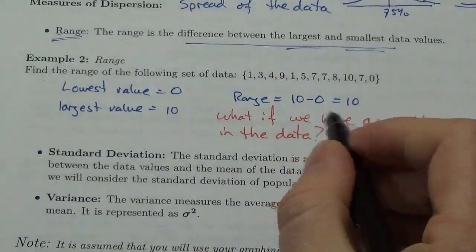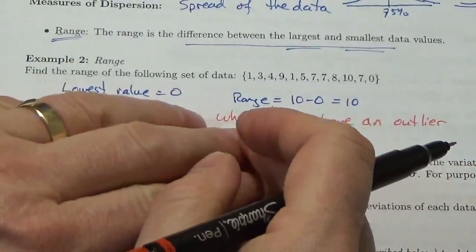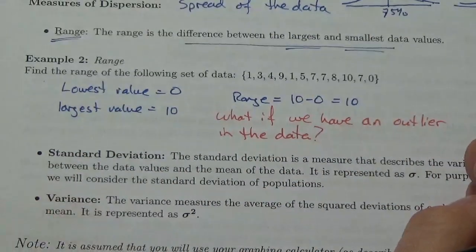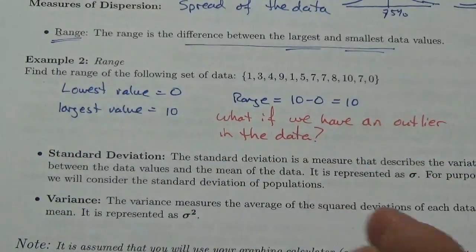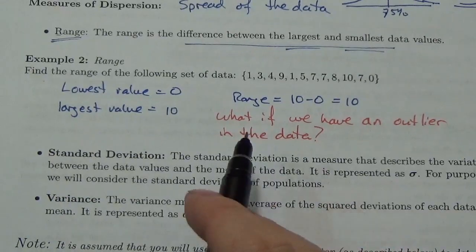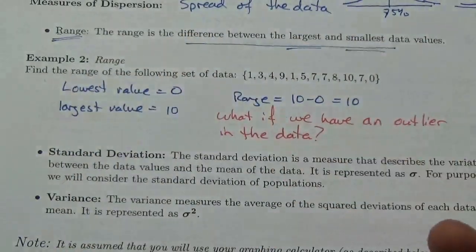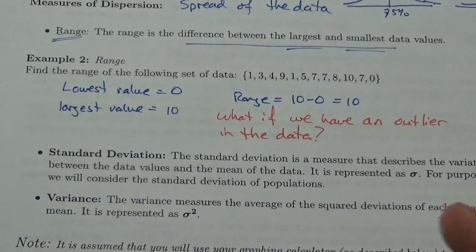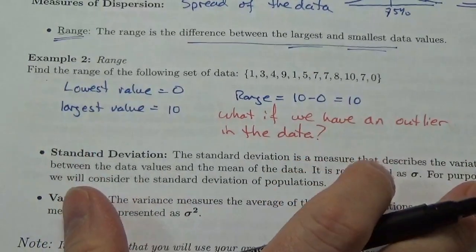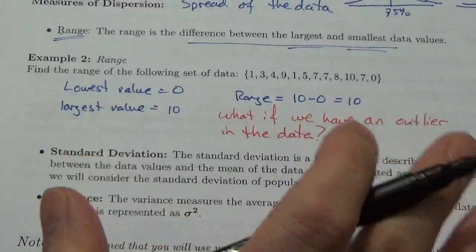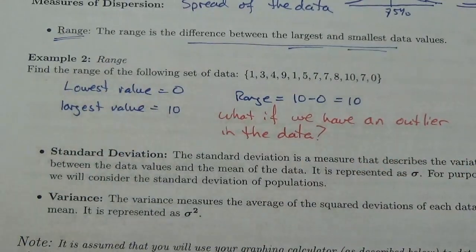Then our range would still be 10. It would look like there was still a lot of spread to the data, even though really it was just that exceptional data value. So the range, although it gives a bit of a sense of the spread of the data, is not the best tool for talking about dispersion, but it is a good starting point.